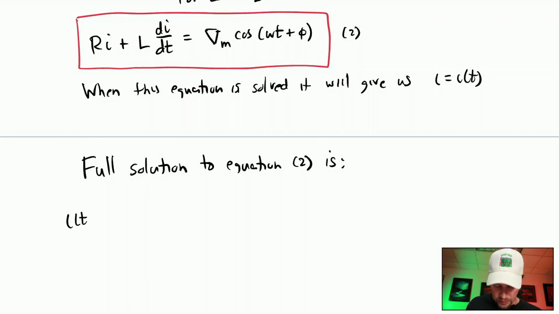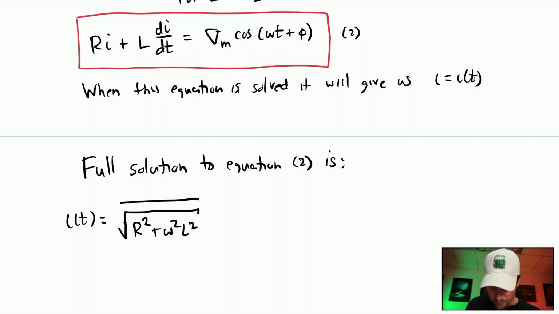The current, which is a function of time, is equal to R squared plus omega squared L squared in the denominator. Numerator, we have minus V sub m times the cosine of phi minus theta times e to the minus R over L times t. That's the first term.